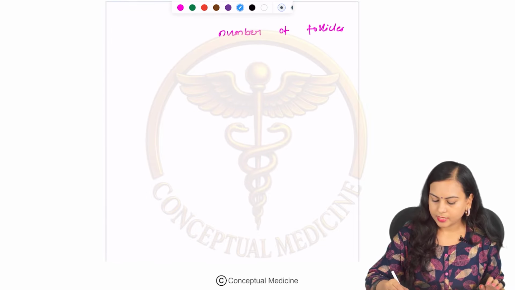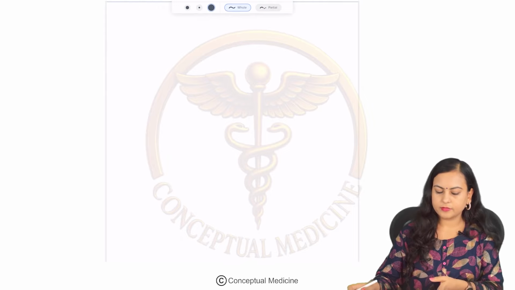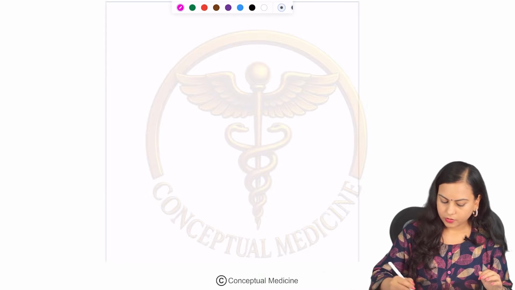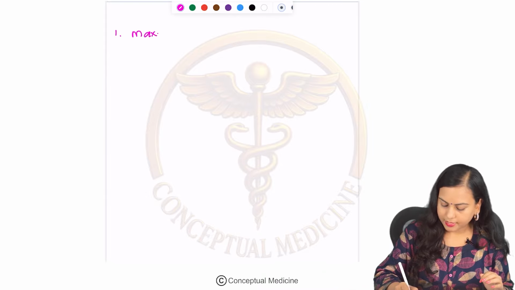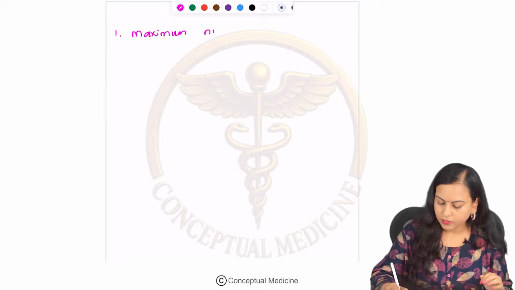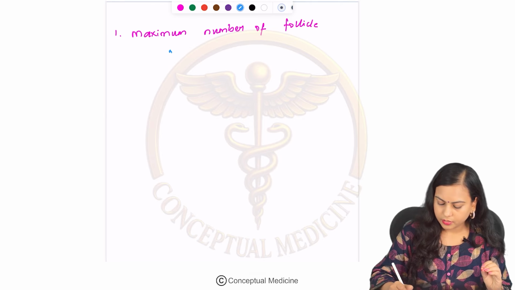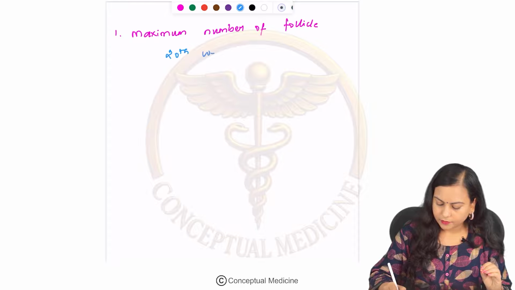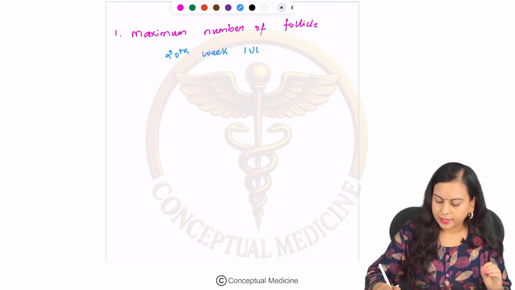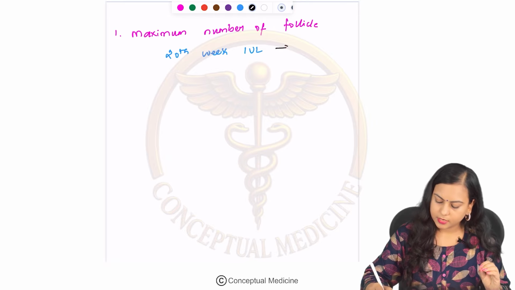Now, let's talk about the number of follicles. You have to know the maximum number of follicles in a female is seen during her 20th week of intrauterine life, where it is 6 to 7 million.